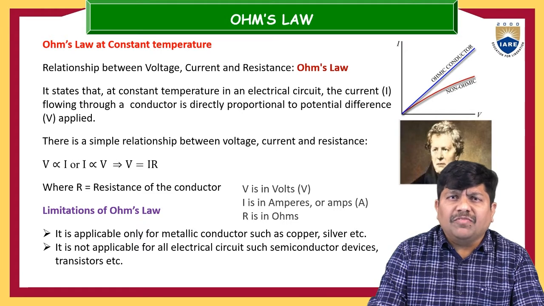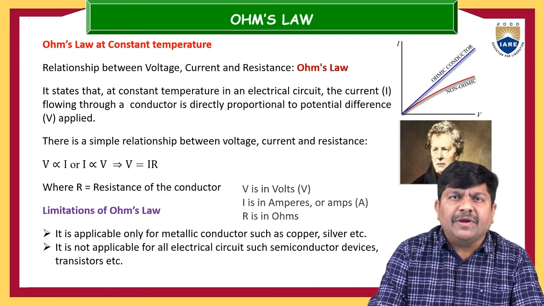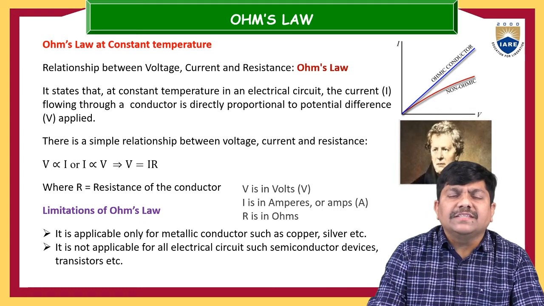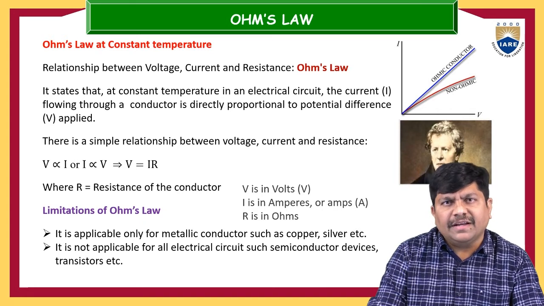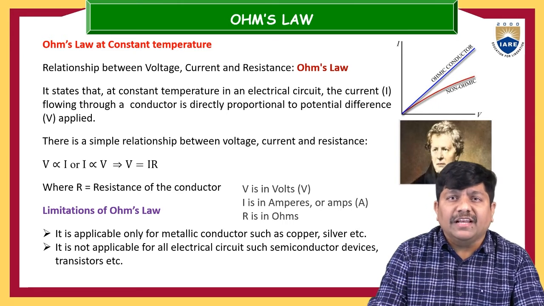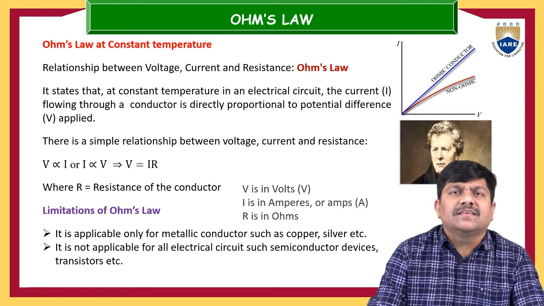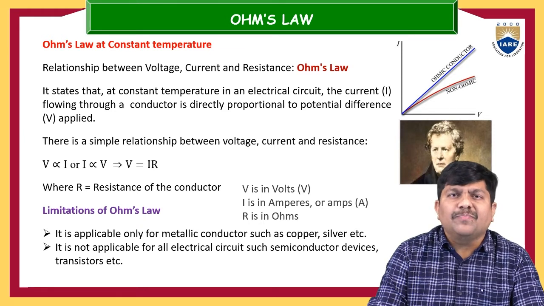What is this R? R is a property of the element across which the voltage is applied. R is a proportionality constant, a property offered by that element, which is called resistance. Resistance is the physical property of the element across which the voltage is applied.